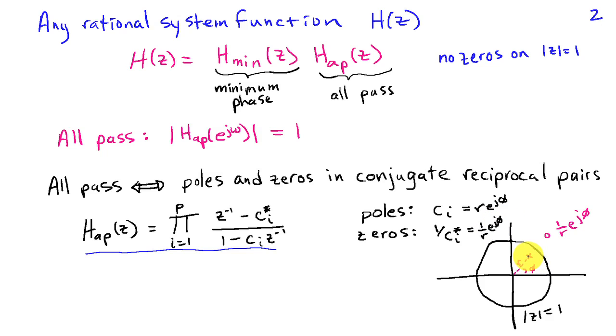So I have a pole at r e to the j phi, then my conjugate reciprocal zero is going to be at 1 over r e to the j phi. Since each of these terms will have unit gain at all frequencies, as we'll show in a moment, I can multiply as many of those as I want together to get a general pth order all-pass system.